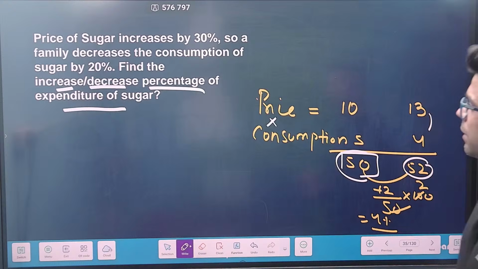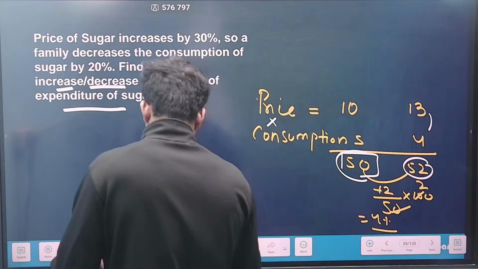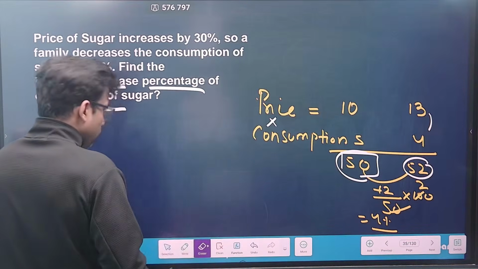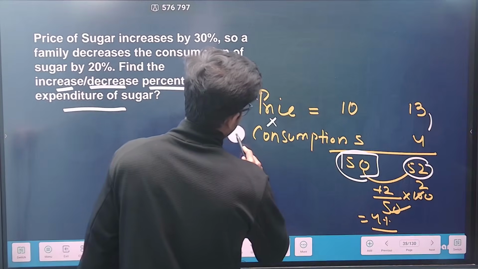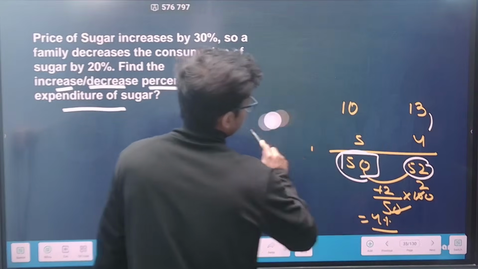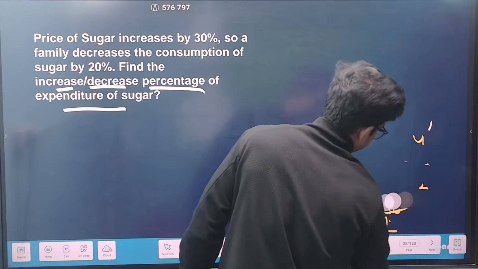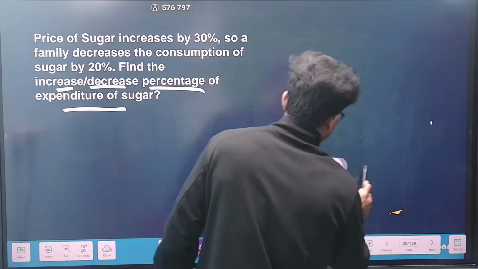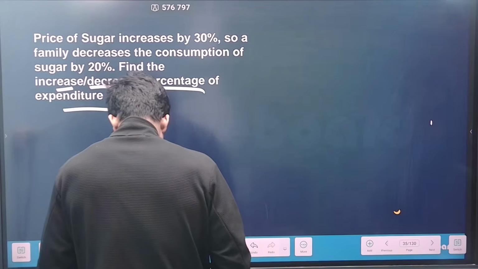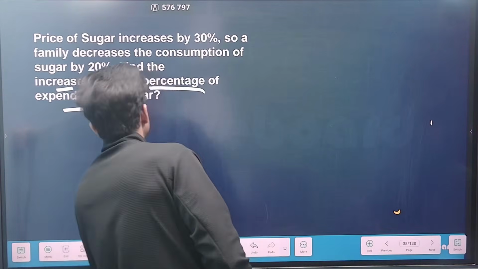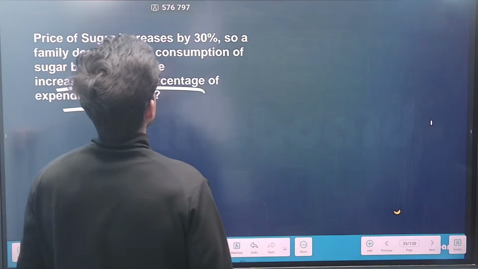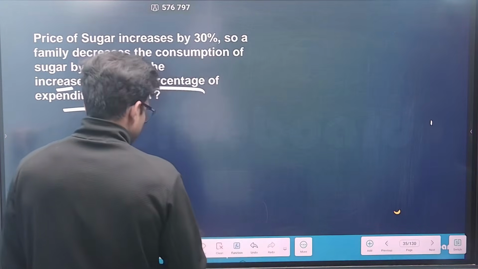Not clear. Okay, let me make you understand this one more time. Just wait. Let us try this question once more. Please have a logic. The price of sugar is increased by 30%.